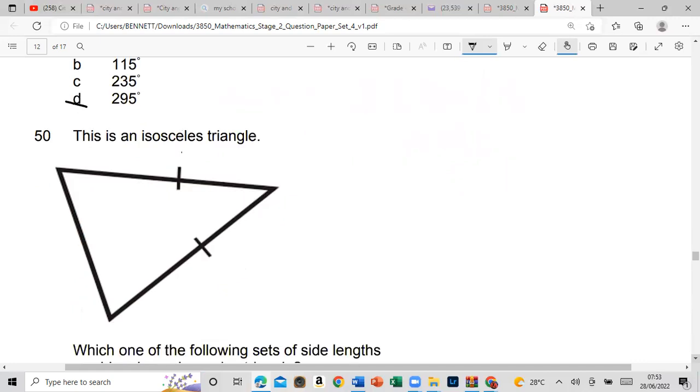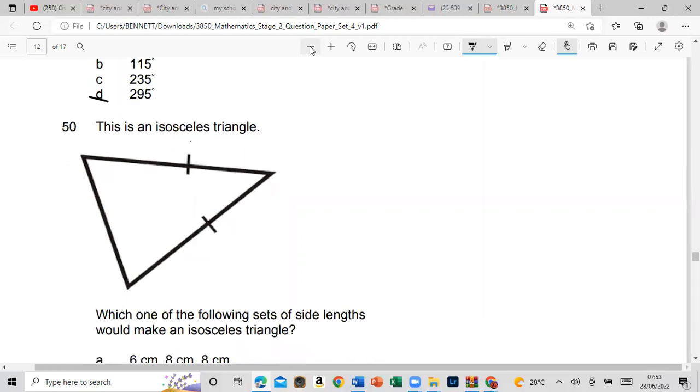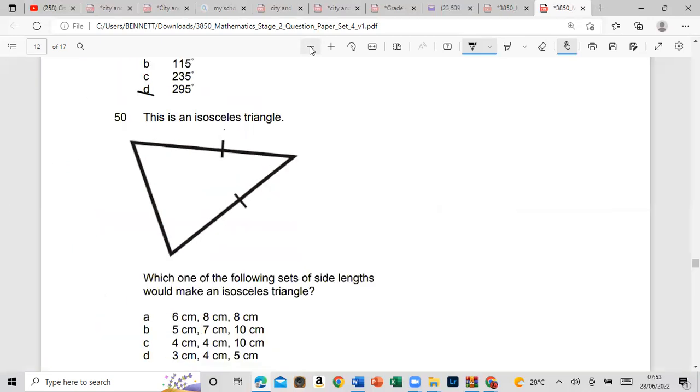Two minutes later. So number 50. Which of the following sets of side lengths could make an isosceles triangle? Now, isosceles, at least two sides must be equal, right?